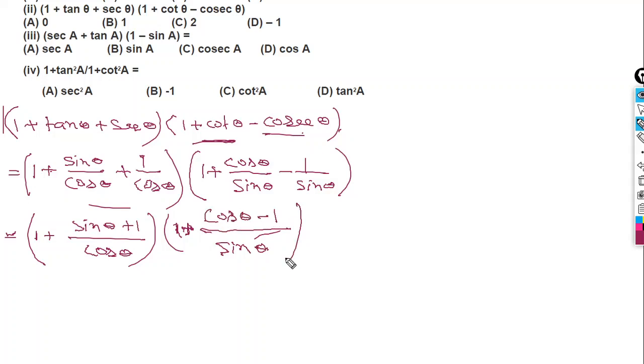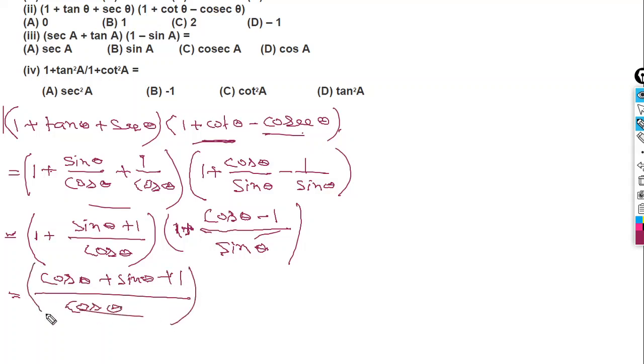Now adding the 1 also, it will be cos theta plus sin theta plus 1 divided by cos theta, into sin theta plus cos theta minus 1 divided by sin theta.